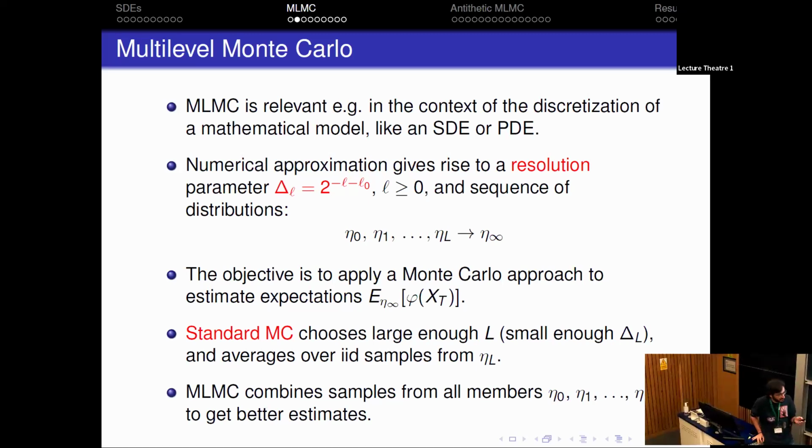Somehow you can combine samples from all the levels of approximation. So this is coarse, this gets a bit finer, with a smaller step size in your Euler scheme, smaller again, and that's your final step size.